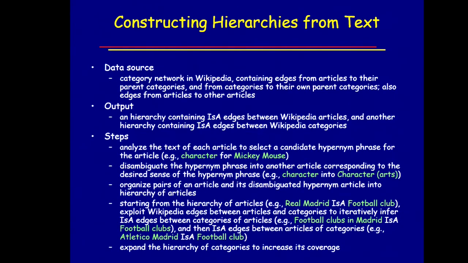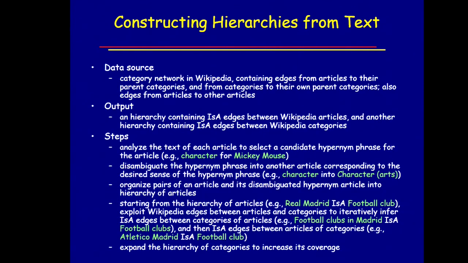And then they organize these pairs of an article and a hypernym article into a hierarchy of articles, right? Because by now they have pairs of an article and an article that are supposed to be in ISA relations. And then starting from the hierarchy of articles, they are going to traverse the edges linking the articles to their categories in order to iteratively create or improve the hierarchy of articles and the hierarchy of categories.